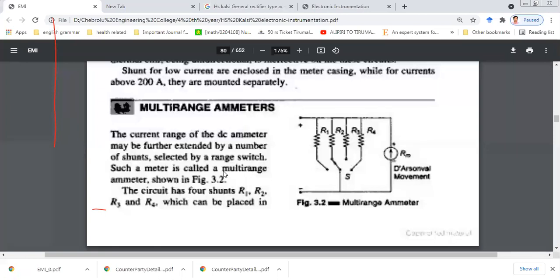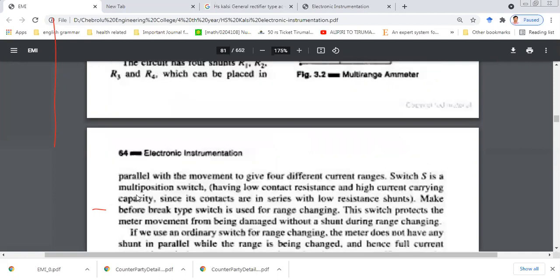The circuit has four shunts R1, R2, R3, R4, which can be placed in parallel with the movement to give four different current ranges. Switch S is a multi-position switch having low contact resistance and high current carrying capacity.